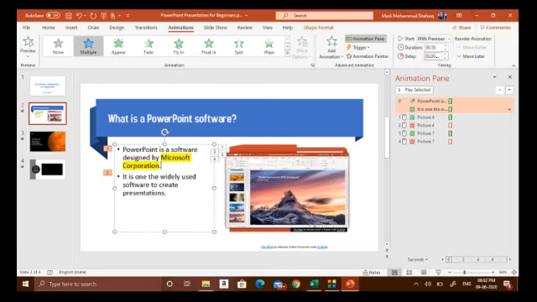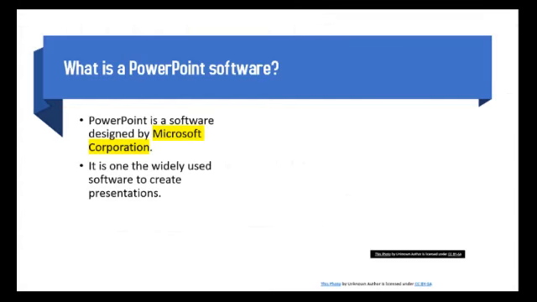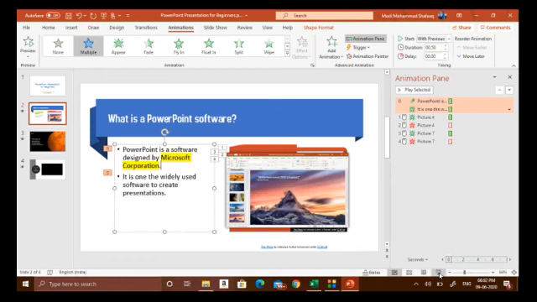So with previous, if you have applied any animation before, automatically it will appear. Now you can see automatically this text is getting animated without the influence of any mouse or keyboard clicking, and you can give the duration also. After that particular duration, the text or object will animate. But if you choose the on click option, then only when you press the mouse button will that animation happen. Until then, the animation will not take place.